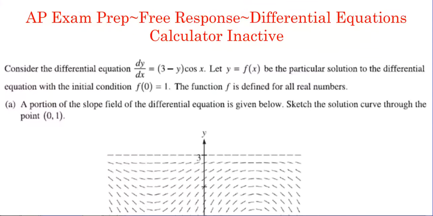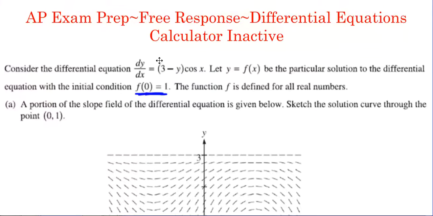So we've got a differential equation, dy/dx is equal to (3 minus y) times the cosine of x. Let y equals f of x be the particular solution to the differential equation with the initial condition f of 0 equals 1. Remember, anytime you see that initial condition, you're probably going to use that at some point in time.